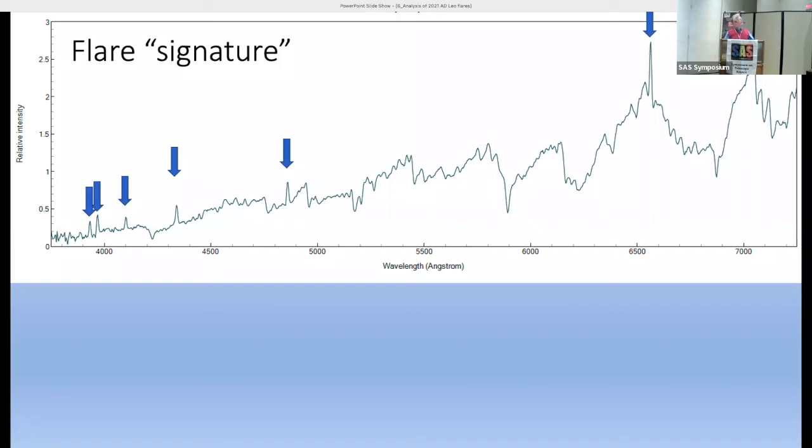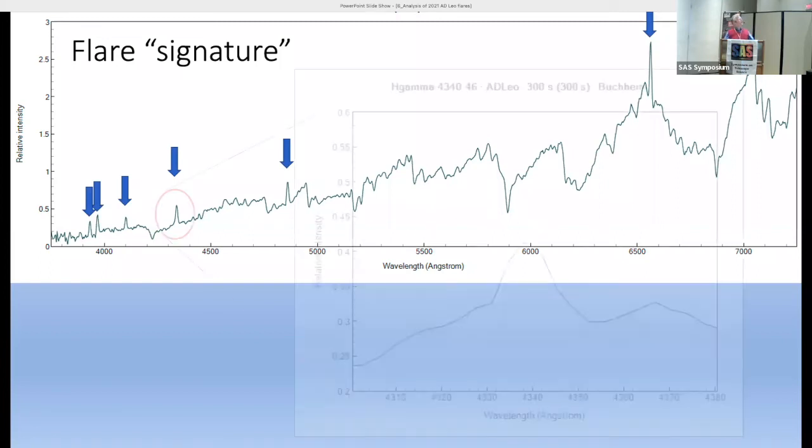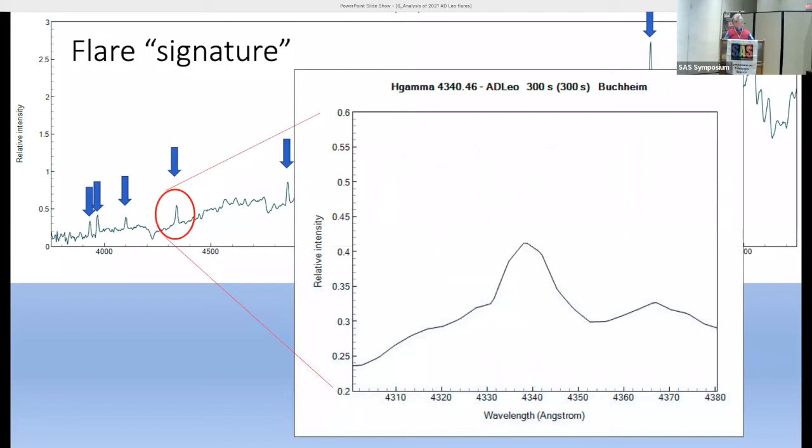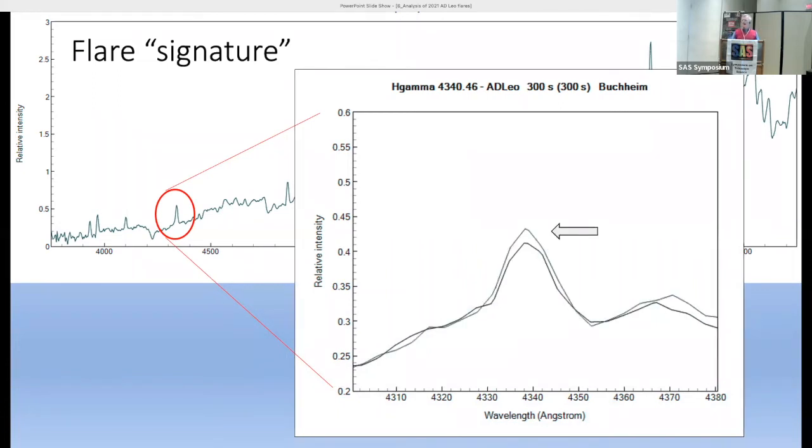But if I zoom in just as an example on H gamma, here's what the H gamma line looks like in quiescence. And this is what your spectrum will show. You take a series of 3, 4, 5 minute exposures all night, and you'll see this over and over again until at one point you discover that it's rising a little.